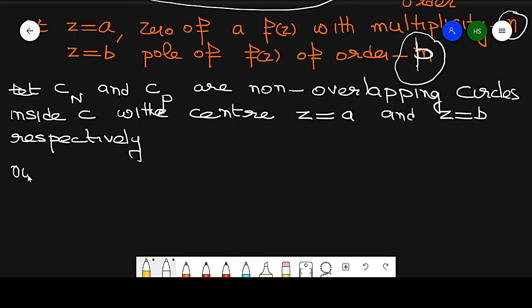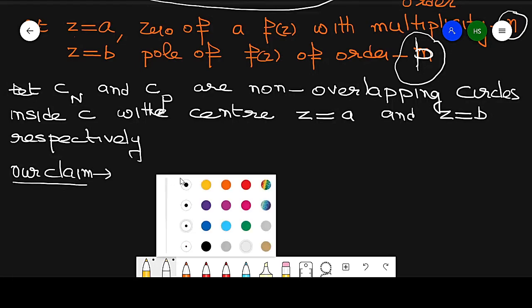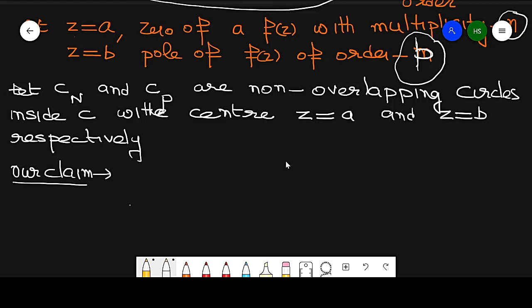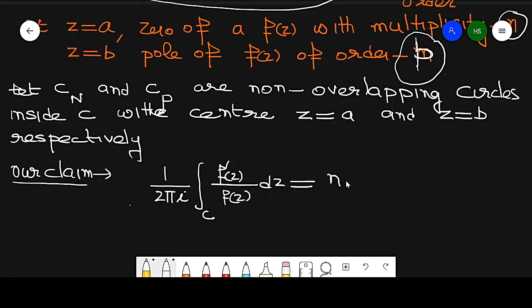Now what is my claim? Here I want to prove my result for one zero with multiplicity n and one pole with multiplicity p. So my claim is 1 by 2 pi i times the integral around C of f dash z over f z dz is equal to n minus p.